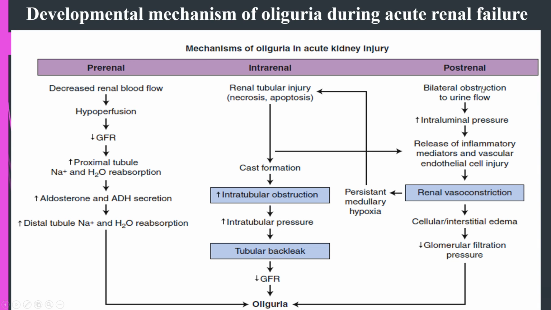And the postrenal reason, an obstruction to urine flow, increasing intraluminal pressure, release of inflammatory mediators, and vascular endothelial cell injury, form renal vasoconstriction, and cellular and interstitial edema occurs, and decreasing glomerular filtration pressure.